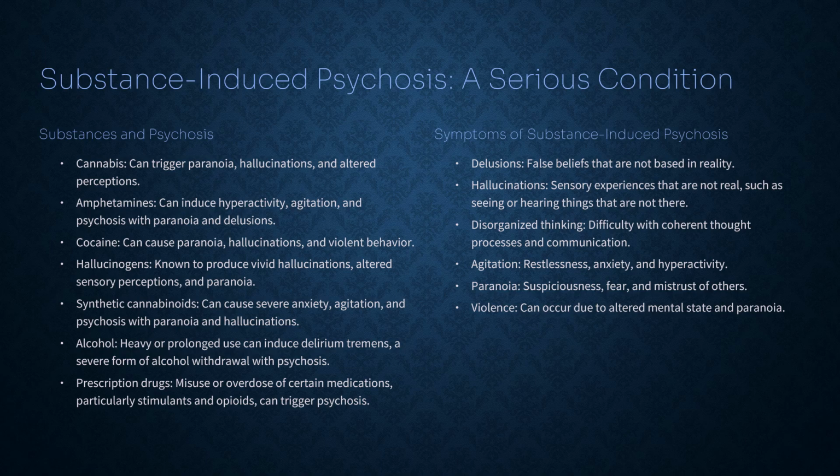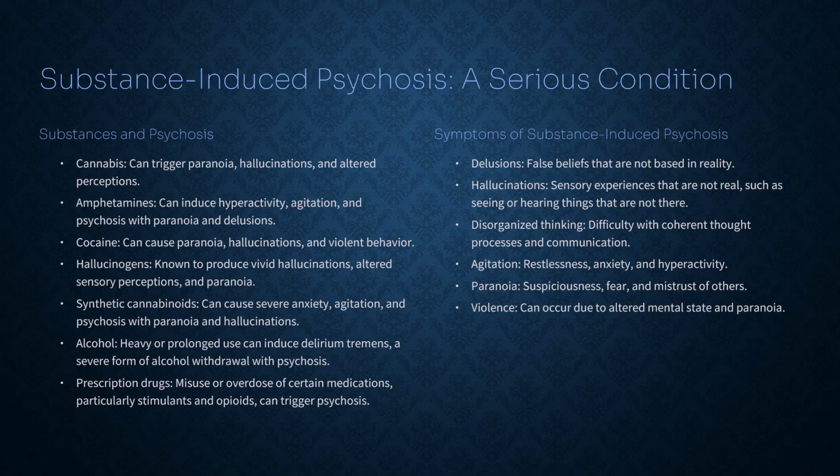Sometimes they might just have disorganized thinking, which is difficulty with coherent thought process and communication. This presents with irrelevant talk. The relatives might say, he is talking strange things, or we don't understand what he is saying. So this is disorganized thinking, which is also part of psychosis.